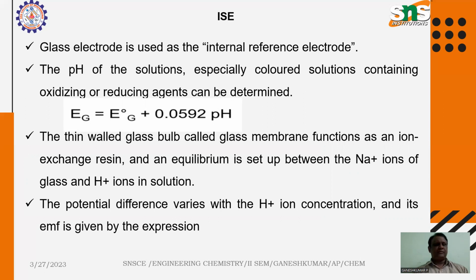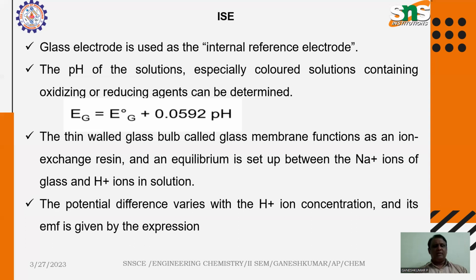The equation is Eg equal to E naught G plus 0.0592 pH. Here E is the EMF, or electrode potential. This electrode potential of a glass electrode equals the standard electrode potential of the glass electrode plus 0.0592 pH. This has been derived from the Nernst equation.